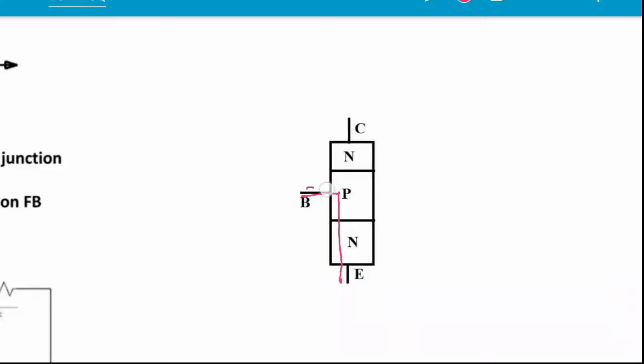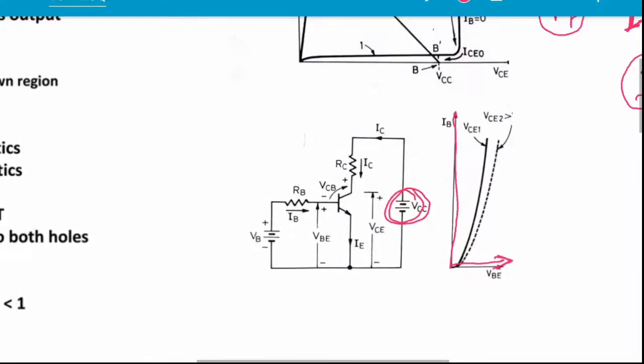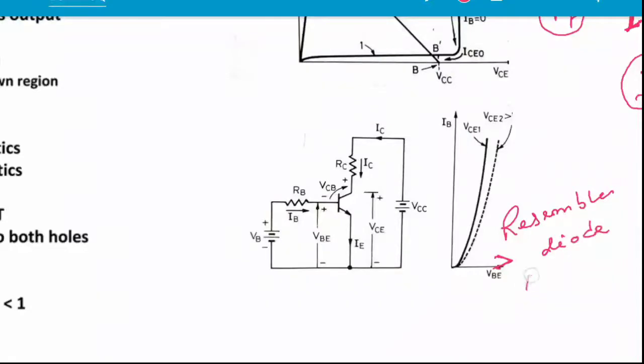Base to emitter is just a PN junction. So it resembles the forward bias characteristic of a diode. The input characteristic is drawn between VBE and IB, and here forward biasing is given with positive voltage. So it resembles the forward biased diode characteristic.